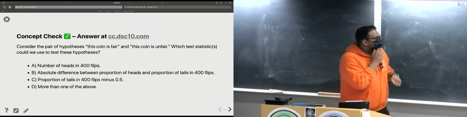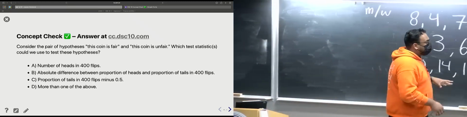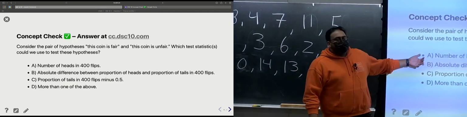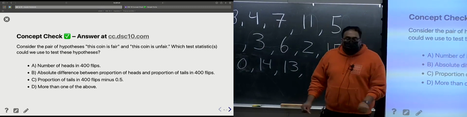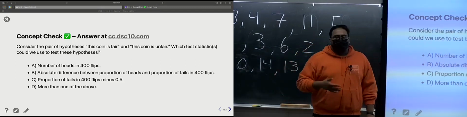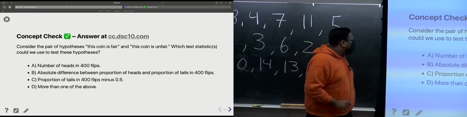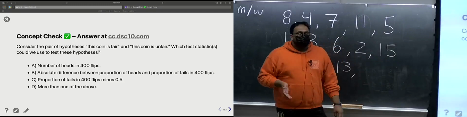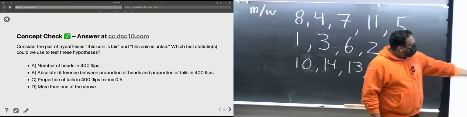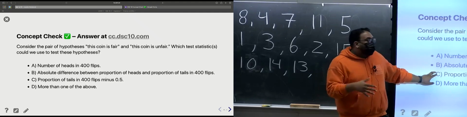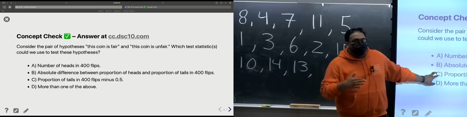Okay. Now similarly, we also can't use option C. Right? Option C is very similar to option A. Option C just takes the proportion of tails in 400 flips, so that might be like 0.6 or 0.4 or something like that, and from it subtracts 0.5. Right? So if this number is really big, it means the coin is biased towards tails, and if it's really small, it means the coin is biased towards heads.